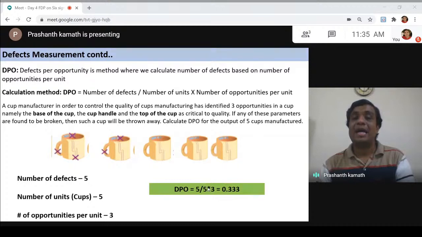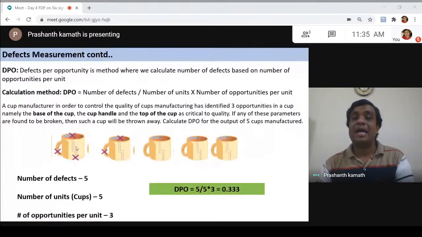Okay, so this is how you calculate DPO, where first you need to define what all opportunities are there. Let's say tomorrow there is another... the print that I make on the cup to be part of my opportunity. Then the number of opportunities would become 4.